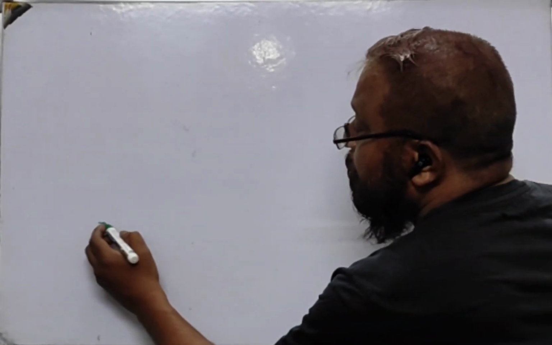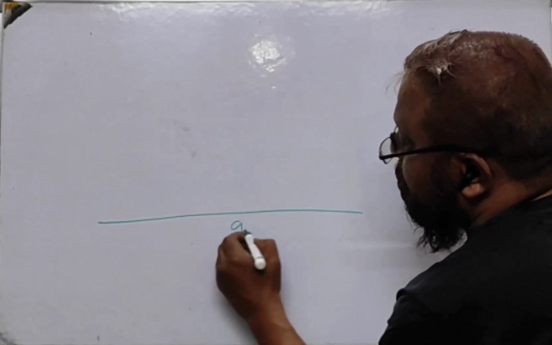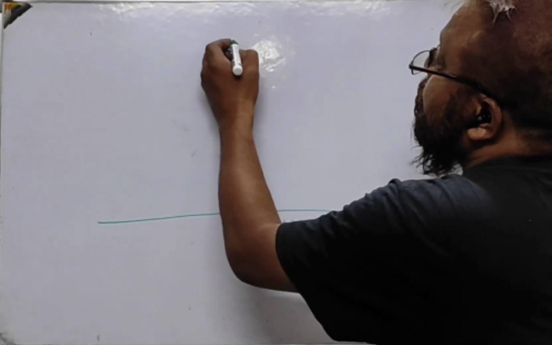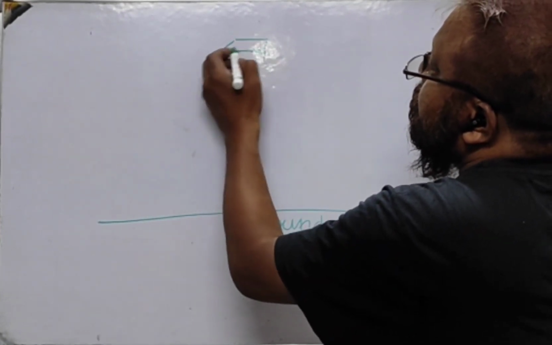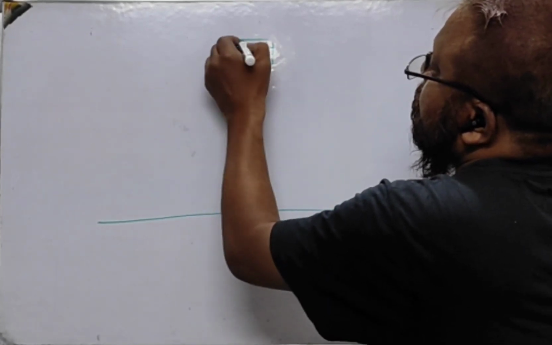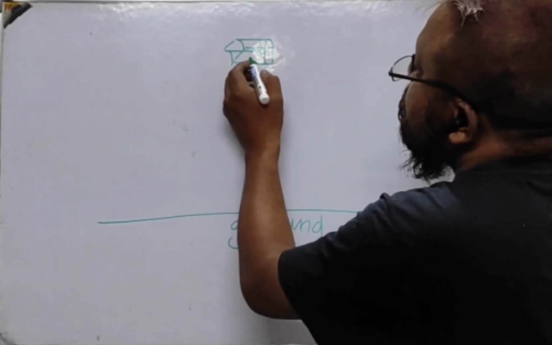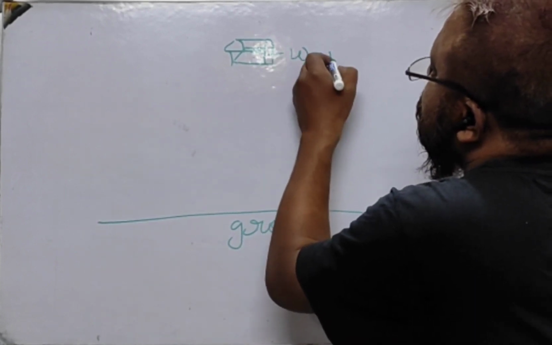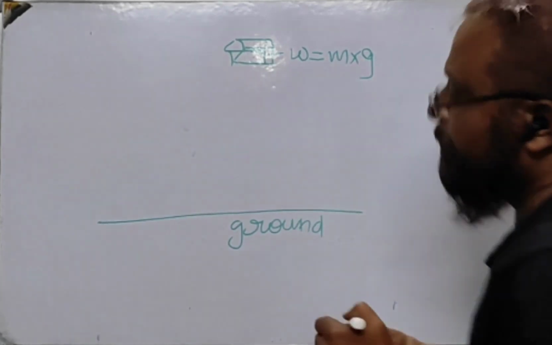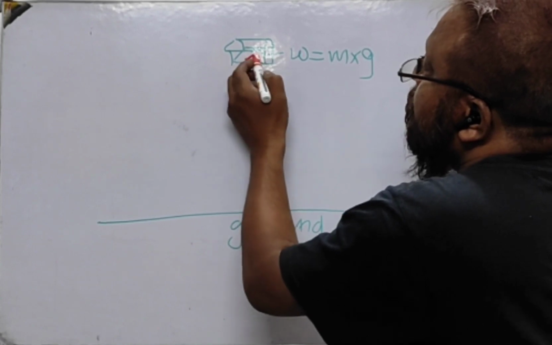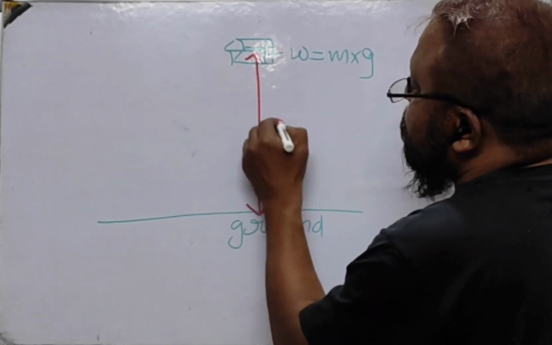when an object is, this is the ground level, this is the ground, and there is an object like this, right? So this is having weight that is equal to m into g, right? And its height from the ground is h.